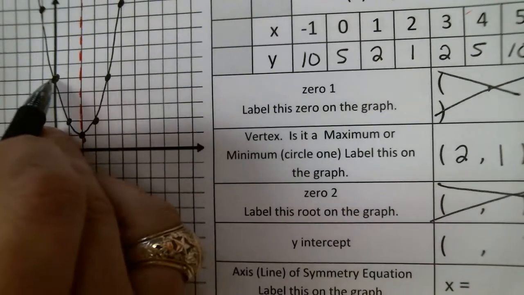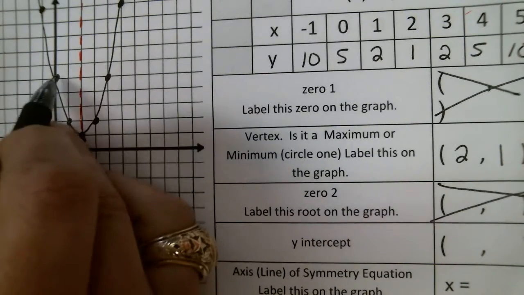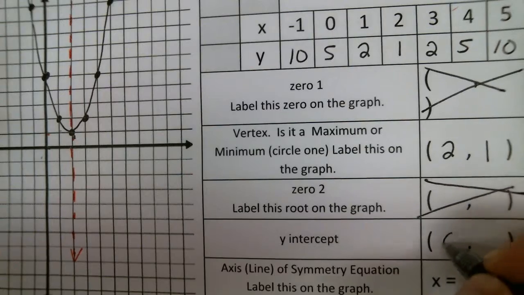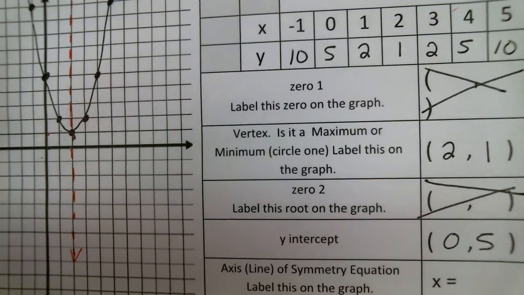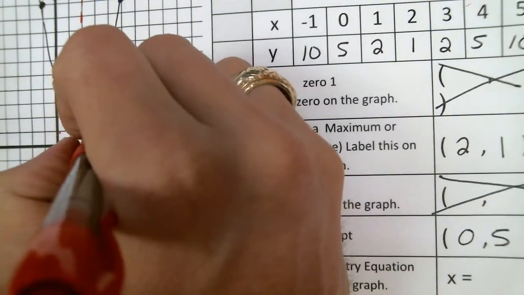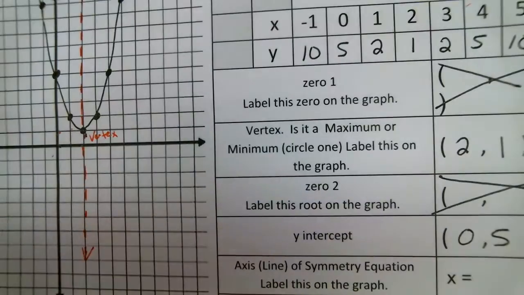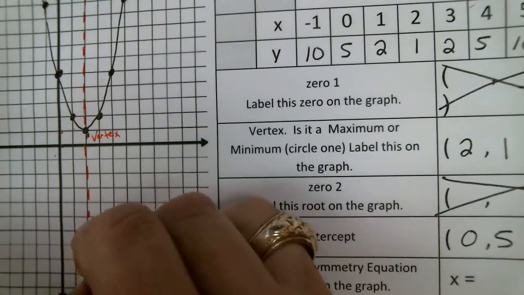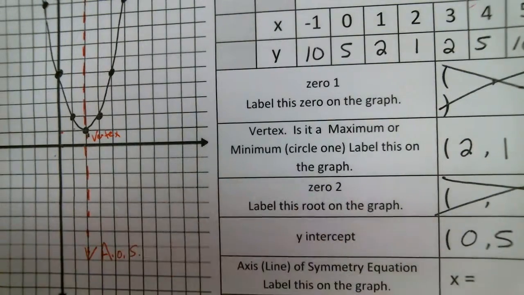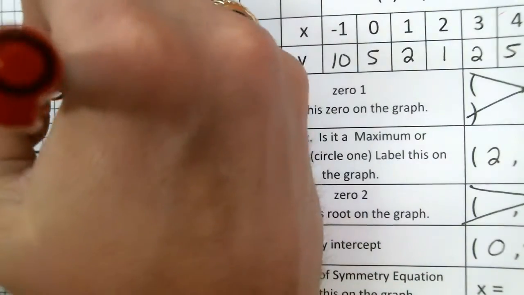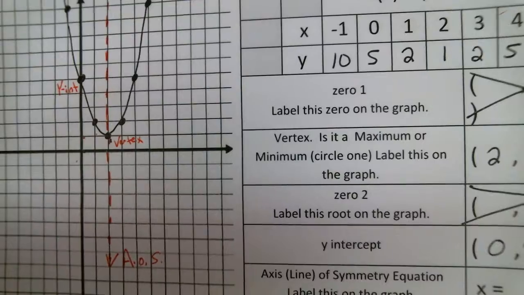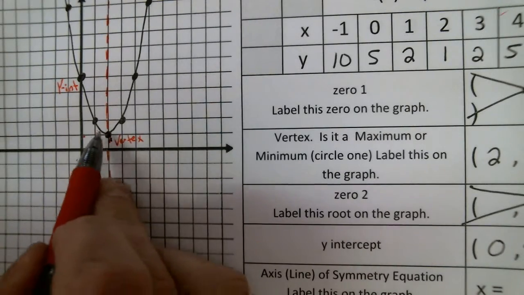My y-intercept is located over here, at (0, 5). Matter of fact, I'm going to write on this to make sure we're very clear. That's my vertex. This is my axis of symmetry. This is my y-intercept. There it is. And my vertex is a minimum.